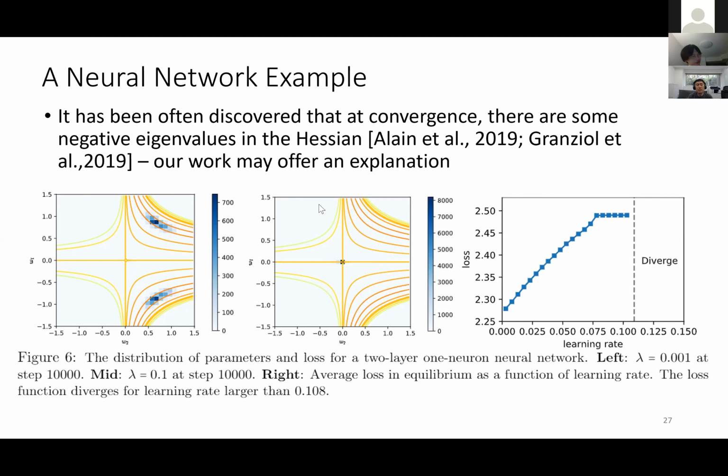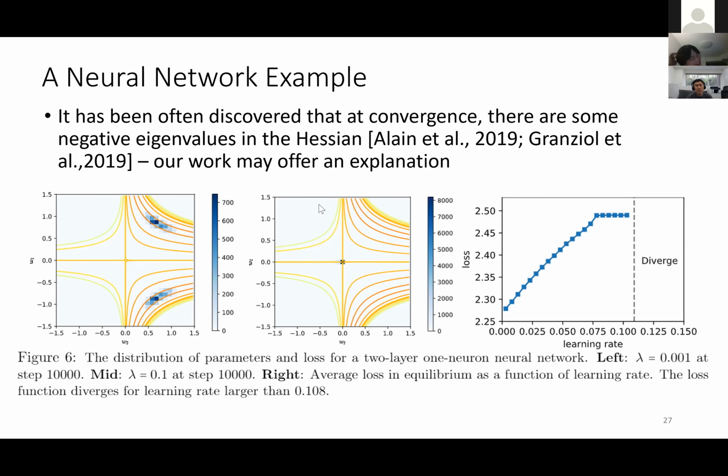Regarding natural gradient descent, I think it is better than Newton's method in this regard, because the preconditioner of natural gradient descent is always positive semi-definite. So that might help you escape saddle points.